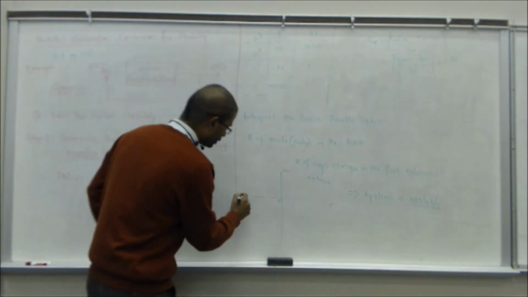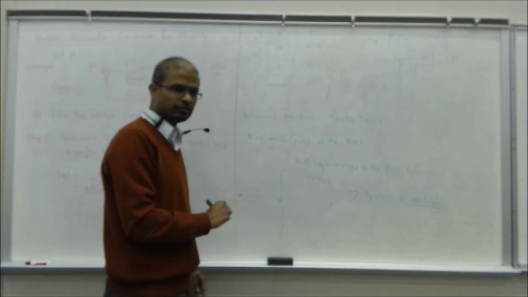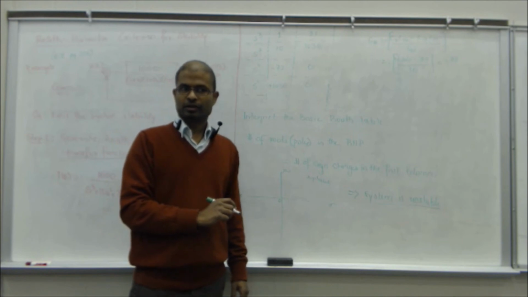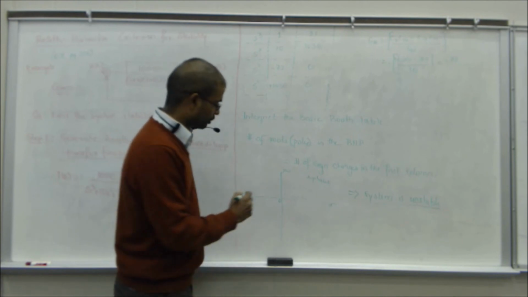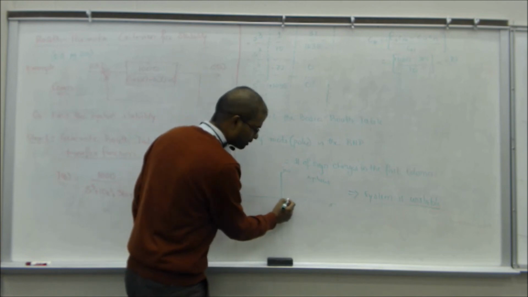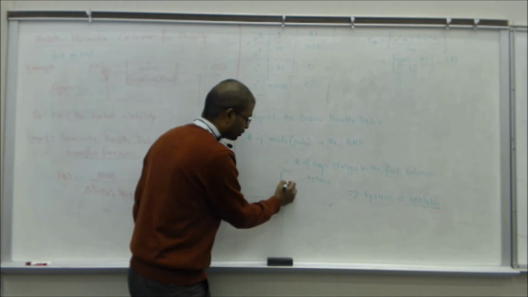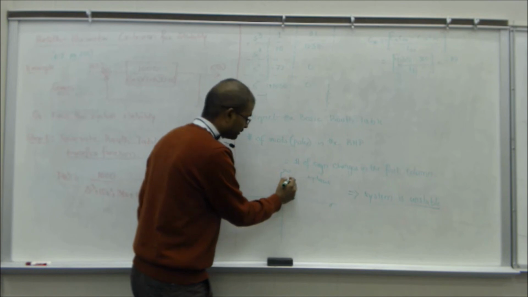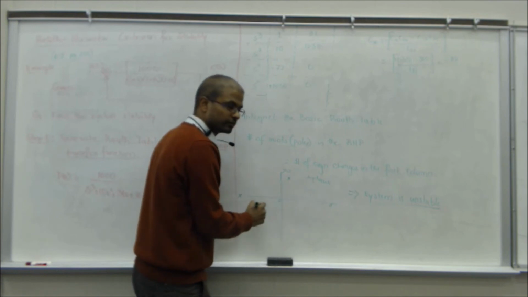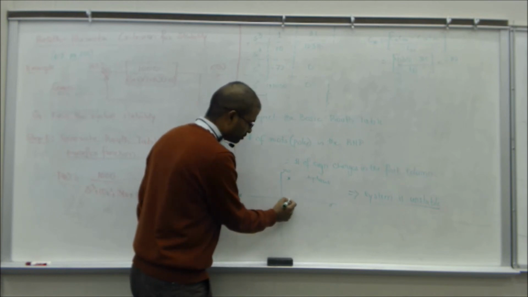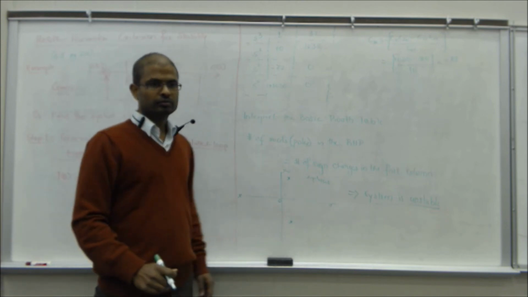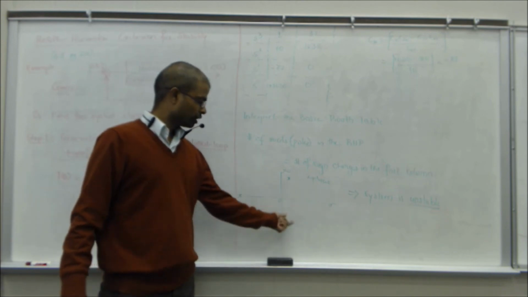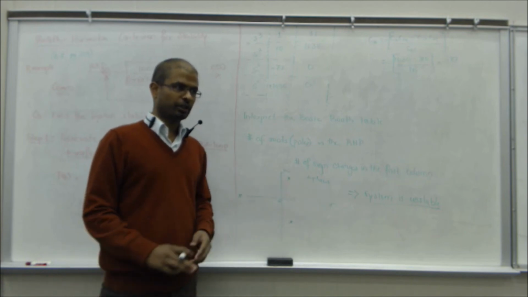Negative 13 would be somewhere here. So look at the next one, 1.7, right? So you have 1.7, this, and on top, 1 and bottom. So you see these 2 roots are in the right half plane.